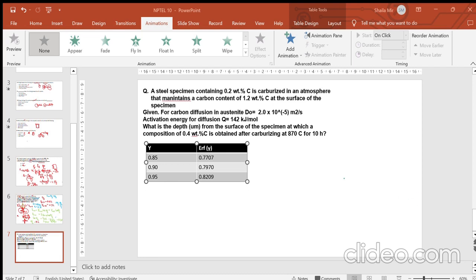Then we have the value of R, 8.314, and the temperature. 870 is in Celsius, so it will be 870 plus 273, which is 1143. 1143 is your temperature. You just have to solve this equation to find D. We can calculate it and write down the answer.